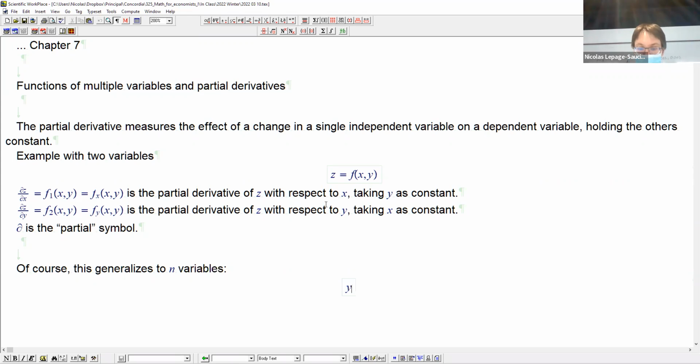We have something like y equals f of x_1 through x_n. Then I would have the partial derivative with respect to x_i, which I would write f_i.